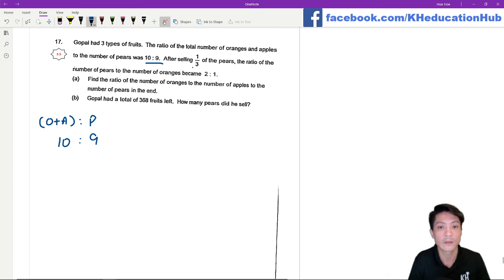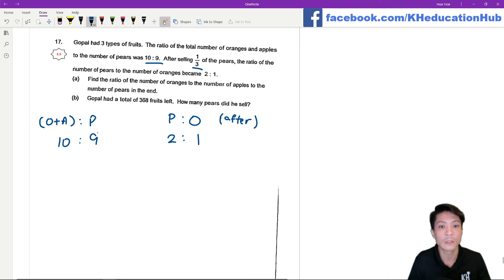After selling 1/3 of the pears, the ratio of the number of pears to the number of oranges became 2:1. So pears to oranges became 2:1. This is after selling 1/3, right? Just put an 'after'.